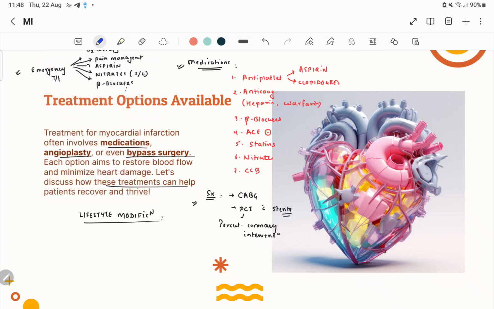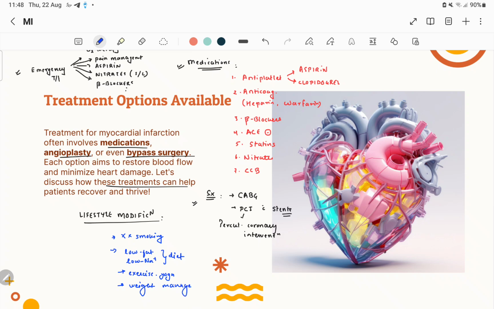So lifestyle modifications: you can stop the risk factors like smoking. You shouldn't smoke. Or you can use a low fat, low sodium diet. Exercise, yoga, weight management.